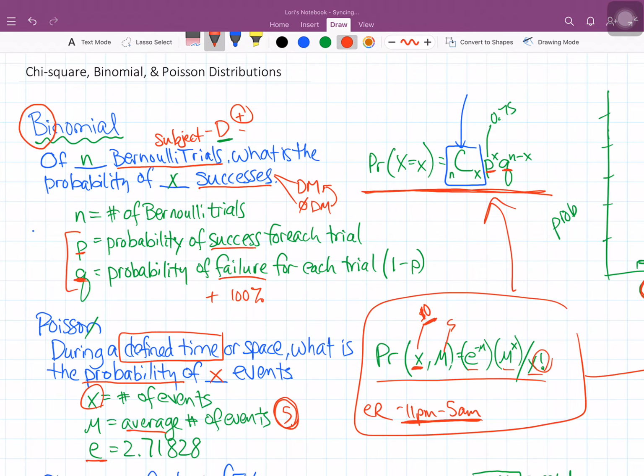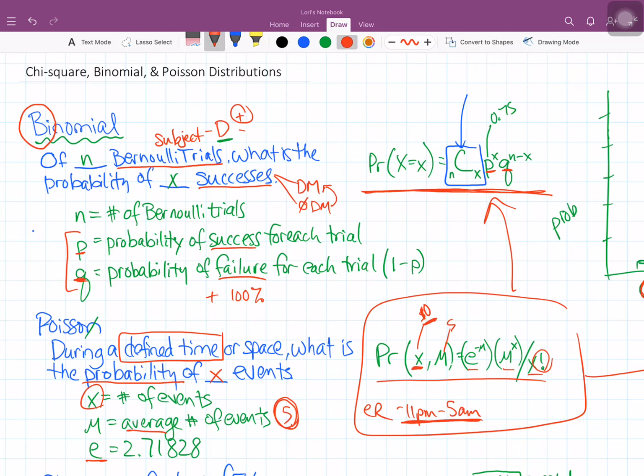Now, having said all of that, it's really helpful to understand binomial and Poisson distributions. However, I see them very rarely in the published literature that I'm reading, and I don't use them very often in anything that I'm doing.